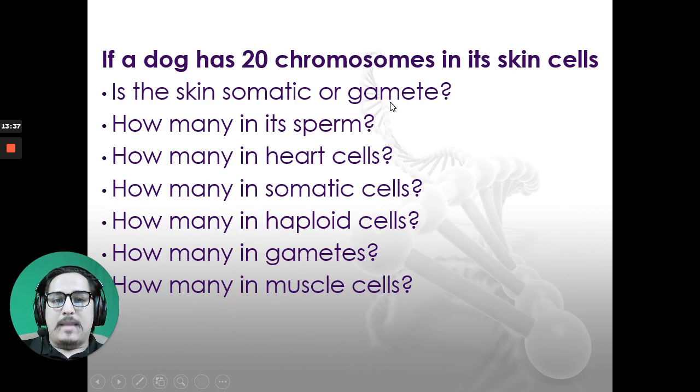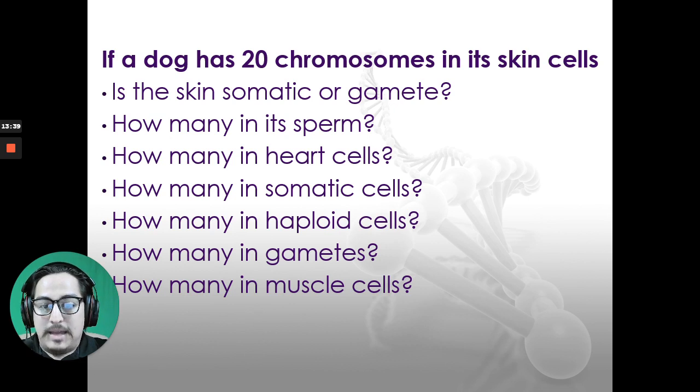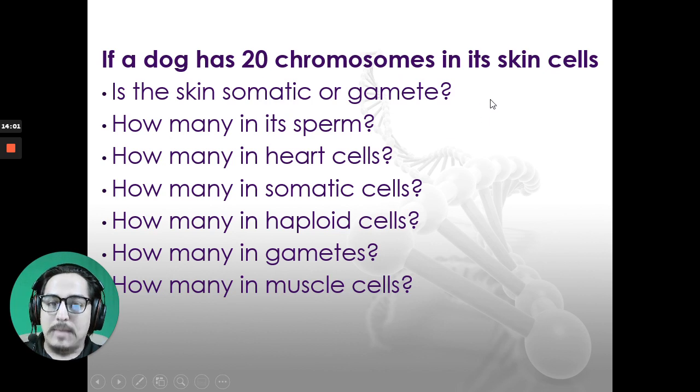Okay. Now, your job is to actually go ahead and answer this question. If a dog has 20 chromosomes in its skin, is the skin somatic or gamete? Skin is part of the body, so the answer should be somatic.